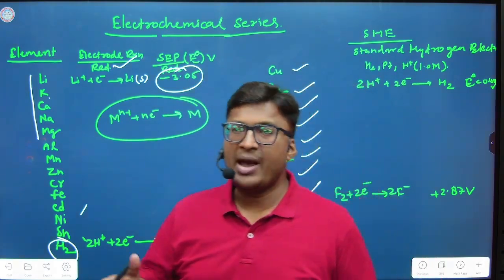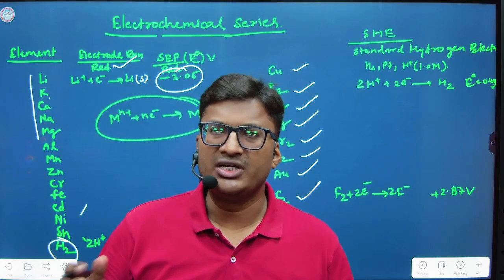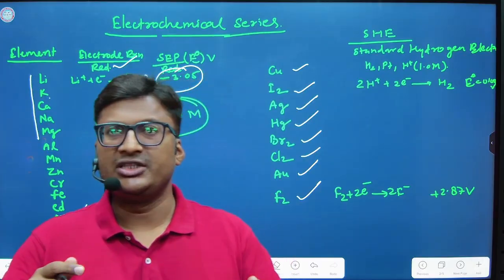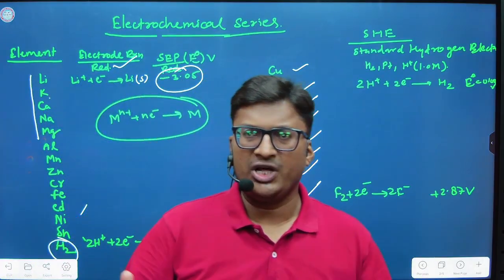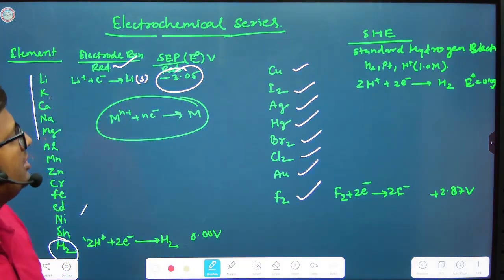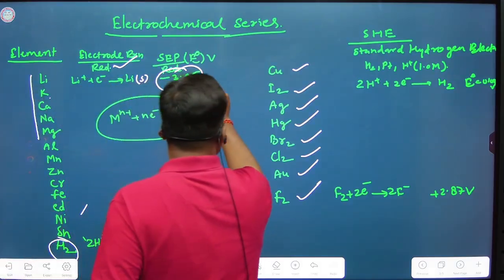It has the maximum negative value, or you can simply say the lowest electrode potential for the reduction reaction is minus 3.05 volt, right?